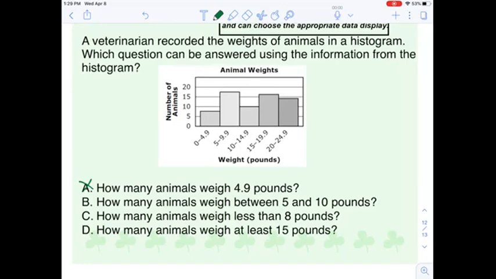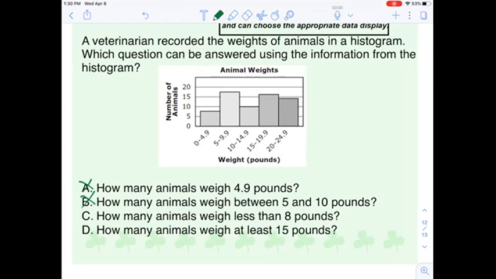Letter B says, how many animals weigh between 5 and 10 pounds? So between does not include either of those numbers. So 5 to 9.9 does not include 10. So we cannot tell how many weigh between 5 and 10 pounds.